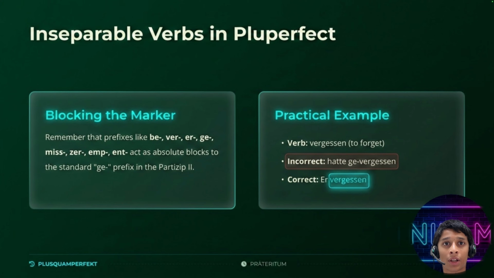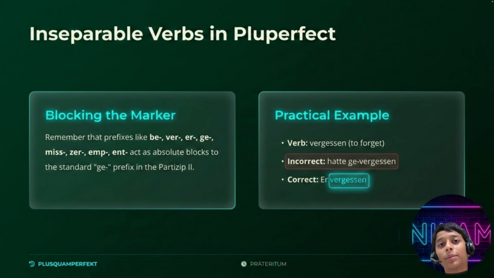Now the opposite case. Certain prefixes actually block the ge marker entirely. These are be, ver, er, ge, miss, zer, emp, ent. All of them. Take vergessen, to forget. It would be tempting to write hatte gevergessen, but that's incorrect.